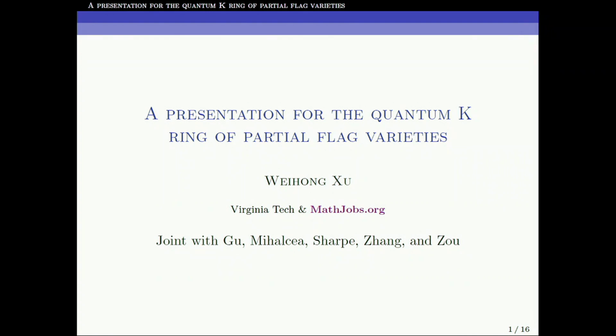And last night, we posted a paper on the High Energy Physics Archive, which states a presentation for the quantum K-ring of partial flag varieties and gives a physics derivation.